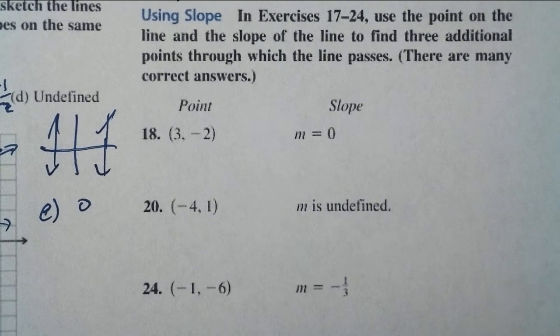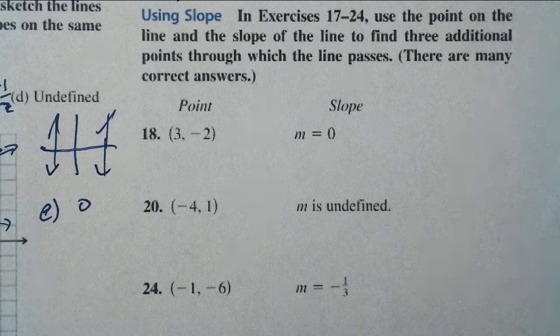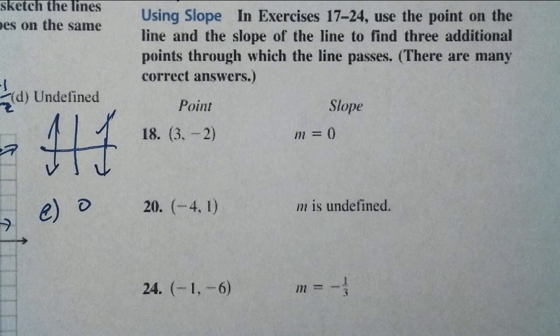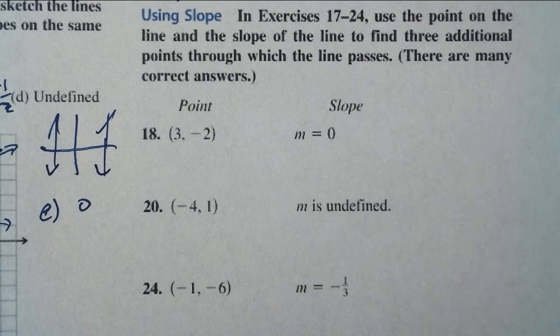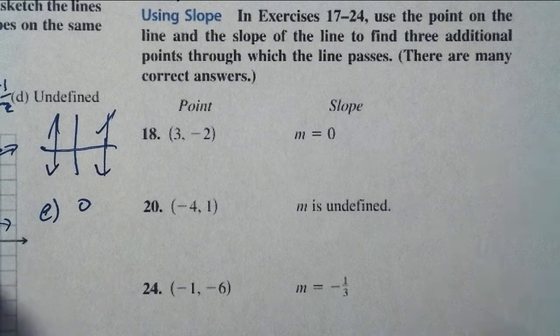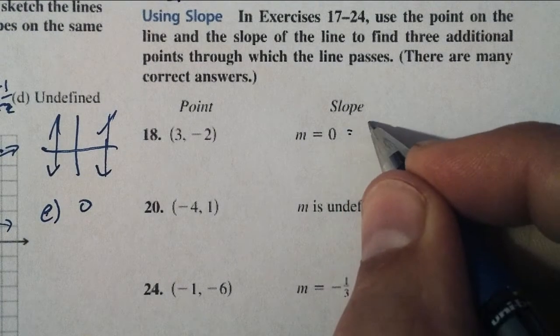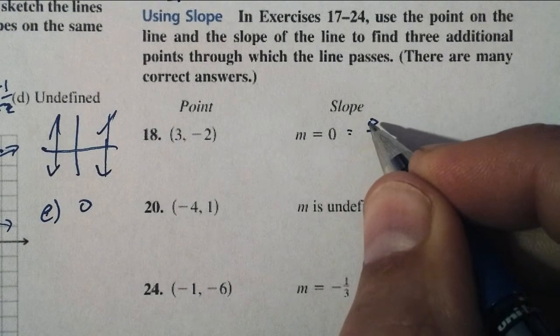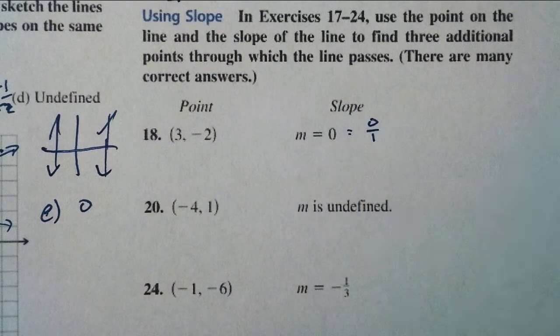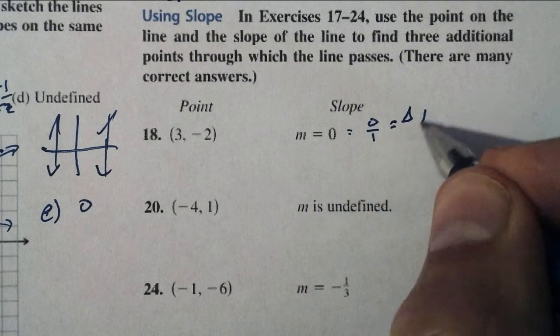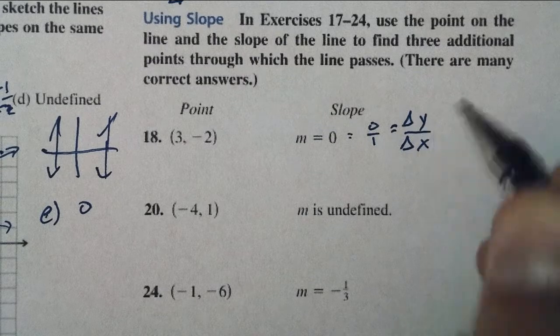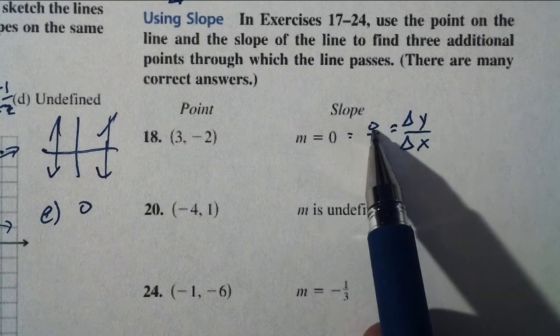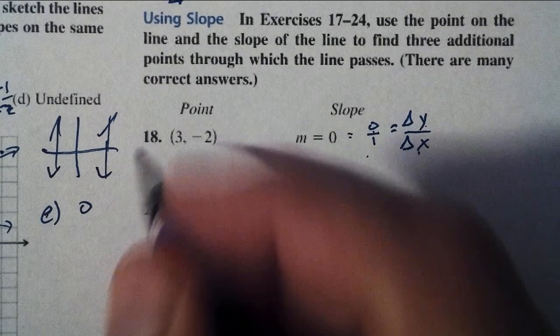Okay. Use the point on the line and the slope of the line to find 3 additional points which the line passes. And your first thought might be, let's draw a graph. And you're welcome to do that. But if the slope is 0, I could write that as 0 over 1. That's my change of y over change of x. So that means y increases by 0 when x increases by 1.